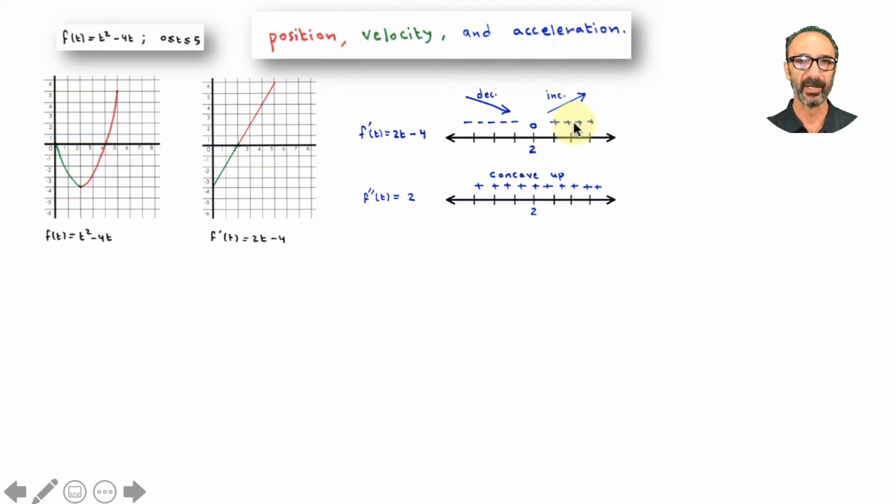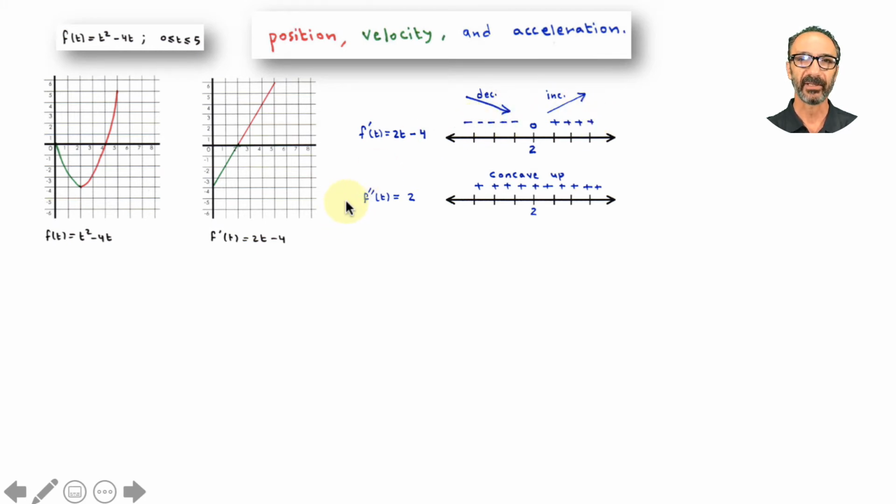When f prime is positive, which is velocity, we say that the object is moving forward. We don't say the graph is increasing. If the first derivative, which is f prime, which is in our case velocity, is negative, we say the object is moving to the left. Object is moving to the right. Object is moving to the left.